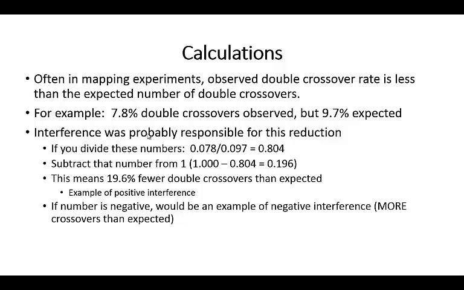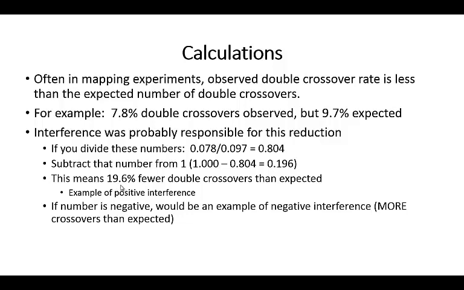So it's pretty simple to calculate. First convert these two percentages to decimal numbers and divide them, and you get another number. If you subtract that number from 1, it will give you another number that you can convert to a percentage. In this case, you had 19.6% fewer double crossovers than expected.